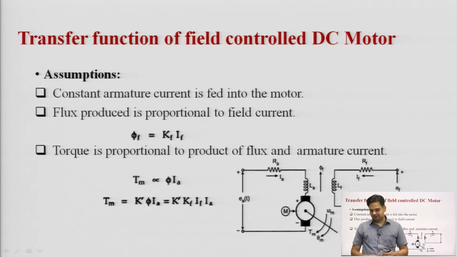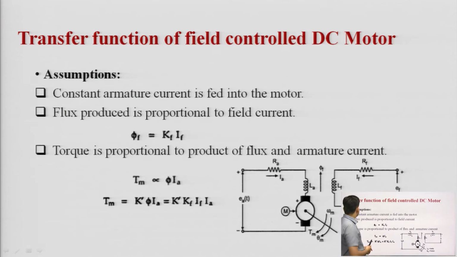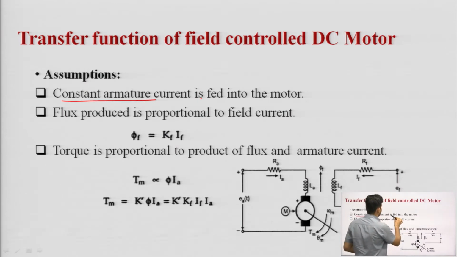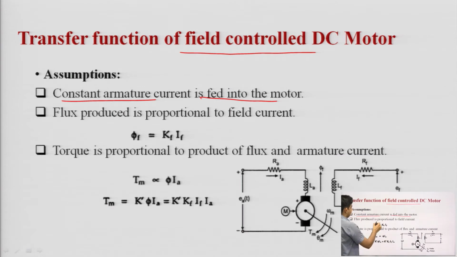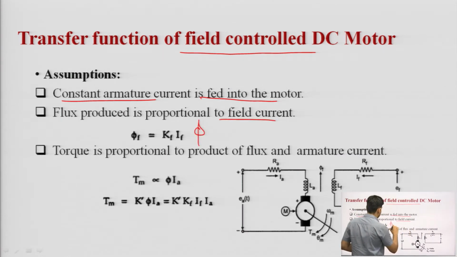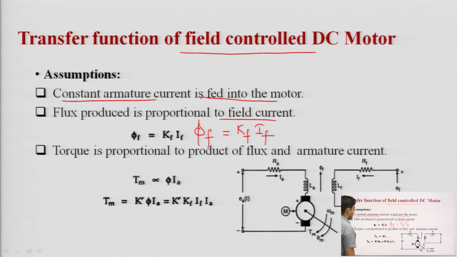So, now we will see the basic transfer function for this DC motor. Here we are assuming that a constant armature current is fed into the motor for a field controlled DC motor, and flux is proportional to the field current. So, I can write here phi f equal to Kf times If, and torque is proportional to the flux and armature current.